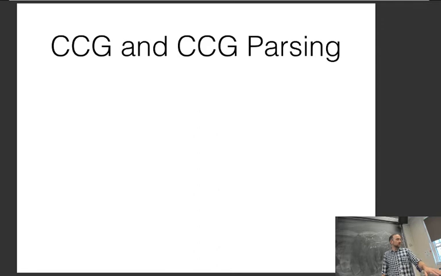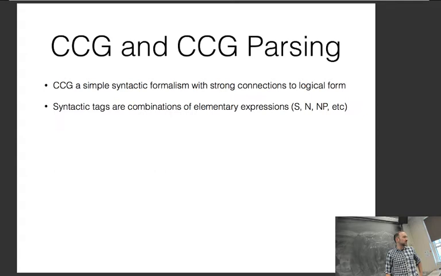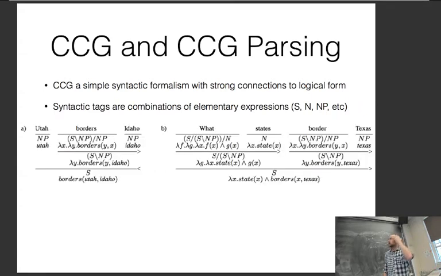So CCG is basically a simple syntactic formalism, but it has very strong connections to logical form. And syntactic tags are combinations of elementary expressions. So this is an example of what a CCG derivation looks like. Interestingly, it doesn't have any verbs.